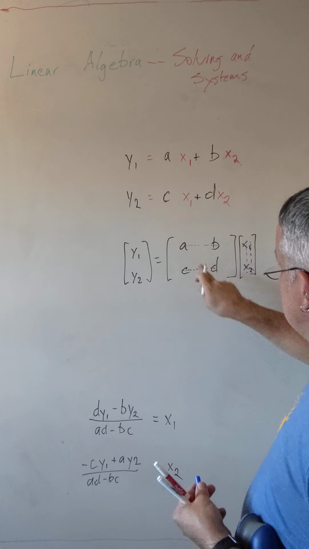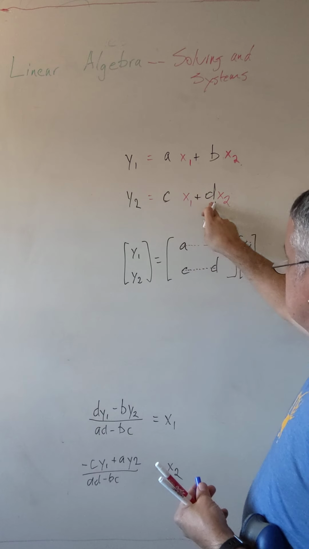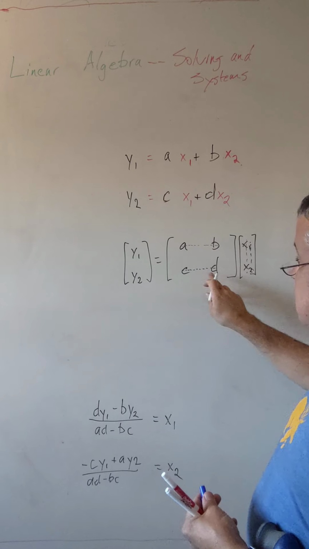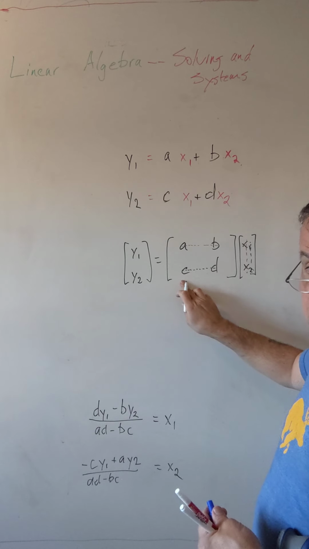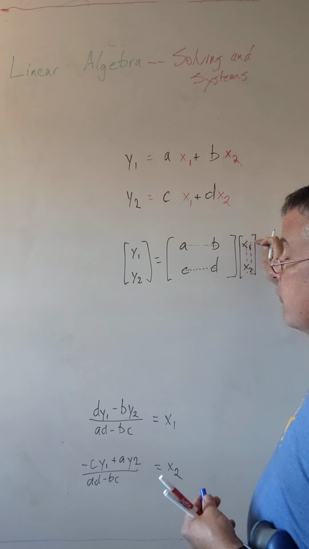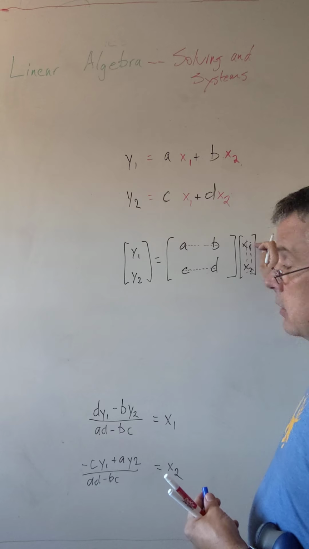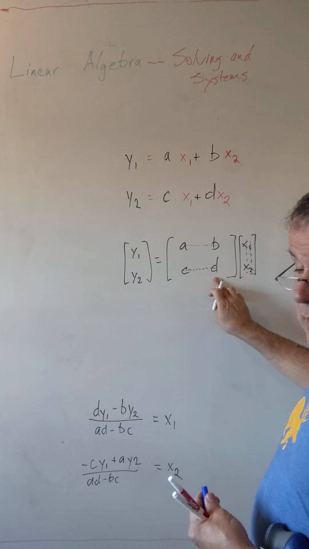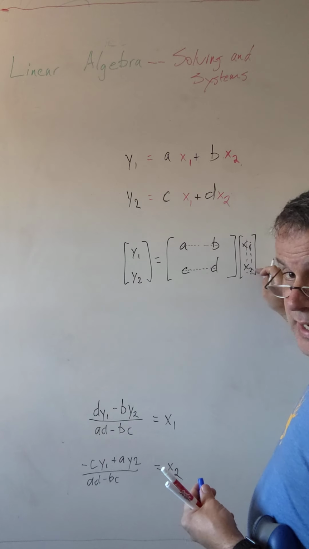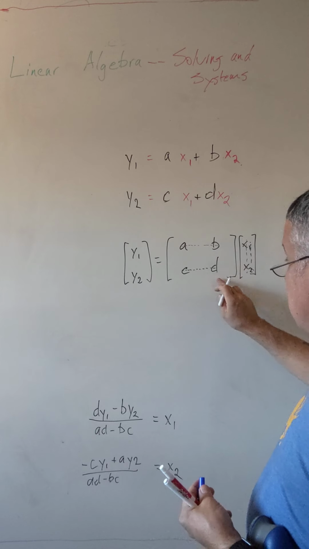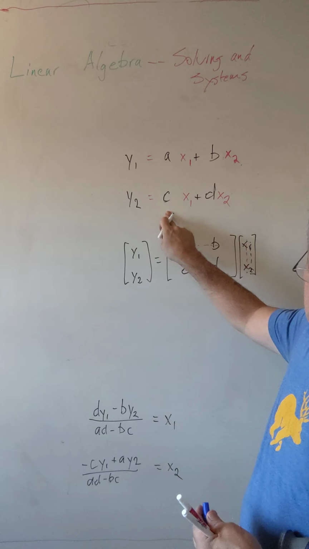So Cx1, C times x1, D times x2. So here the second row, first column, times the first row, first column, second row, second column, times the second row, first column, gives us this lower side of the equation.